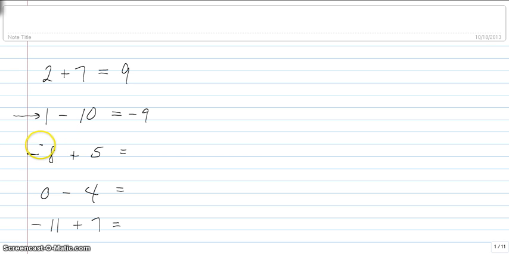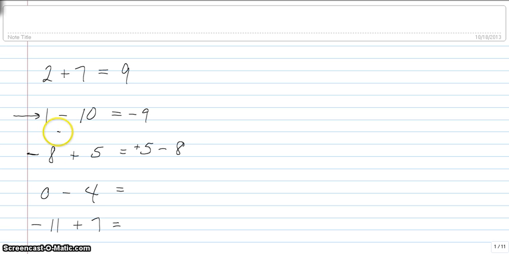Now this third one is really the same idea as the second one. Remember, you can put two numbers in any order as long as you keep the sign with the number that it's on. So I could write this equivalently, as I kept the 5 positive and the negative stayed with the 8.